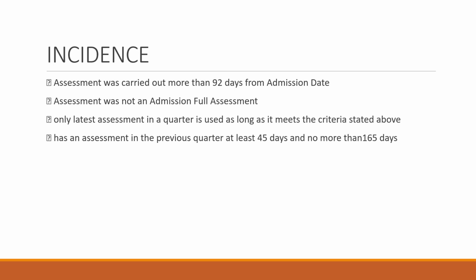When we look at the incidence indicators, and we have to look back to a prior assessment to find out if someone's functional status has improved or to find out if someone's functional status has declined, there's one more condition with the incident indicators, and that is the last assessment that we're looking back at has to be at least 45 days ago.